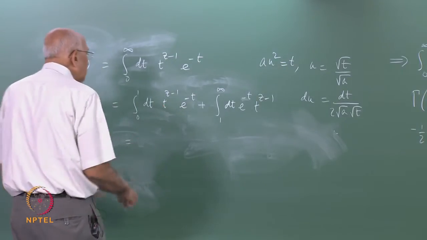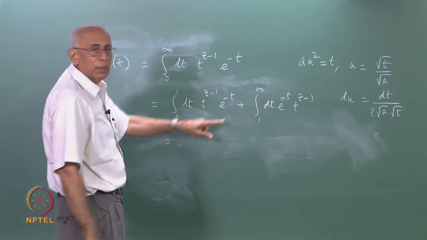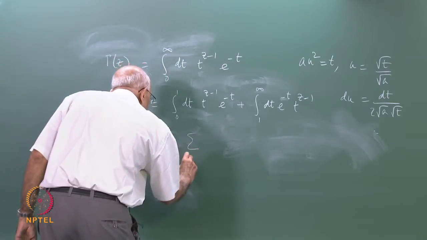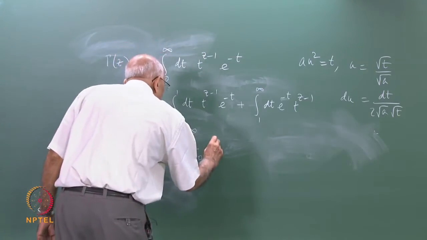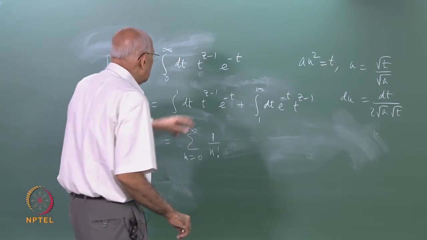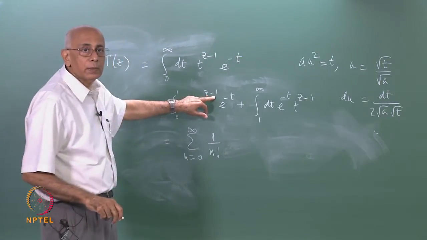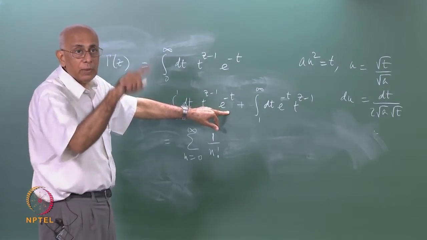Eventually you are going to get, once I write this, well the next step is to say alright, let us expand this e to the minus t in powers of t. So this becomes equal to summation n equal to 0 to infinity 1 over n factorial, and then I do t to the z minus 1 e to the minus t, which I have expanded as t to the n over n factorial.